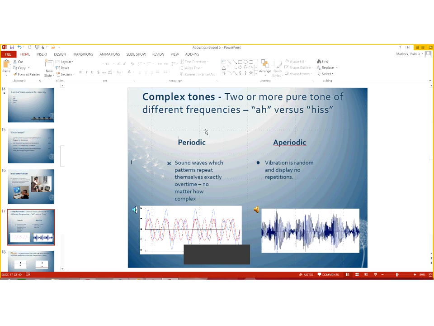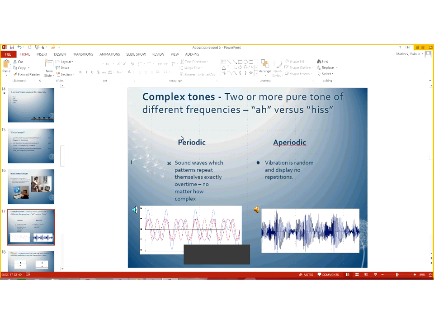And so those complex tones are either periodic or aperiodic. Both have multiple frequencies, but a periodic sound with regard to speech, the periods of compression and rarefaction are repetitive in amplitude and they're repetitive in frequency.